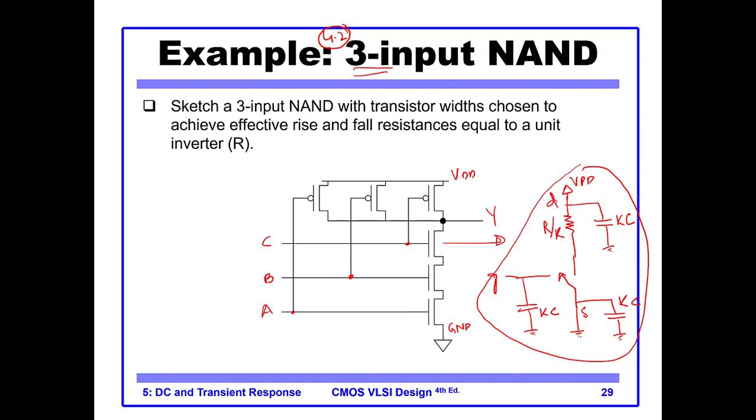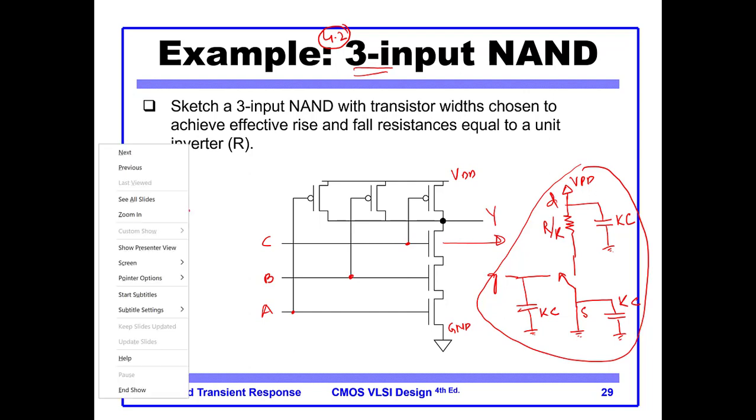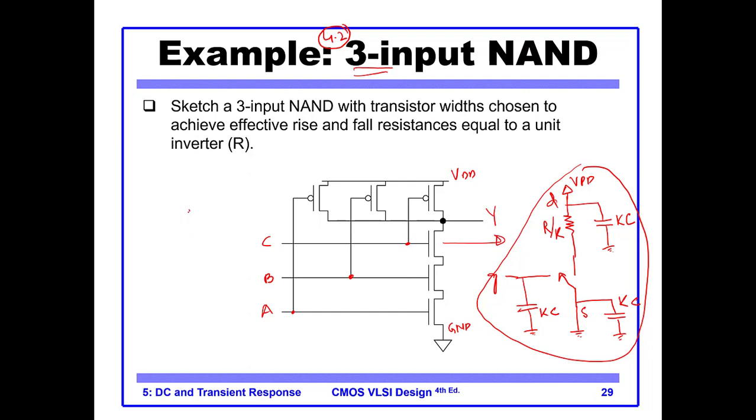We have a similar model for the PMOS. This is just a revision. So for the PMOS, we have a circuit like this. We have the switch, which represents our transistor, and then we have the drain here. So the drain is below, and we have a capacitor.